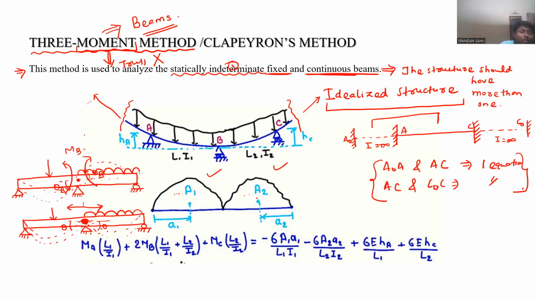So here also, you will again give unit moment and calculate those rotations again. You give that unit moment, calculate the rotation here and the rotation there. It will be easier to calculate if you use the moment area method.